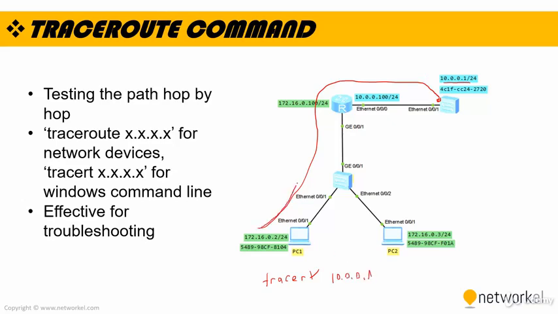This command will check the path hop by hop and will tell me if there's a problem on the road or not. Please keep in mind that if I'm using traceroute from a PC, I need to use tracert. But if I want to use traceroute from a network device such as a switch or router, I need to use the traceroute command.